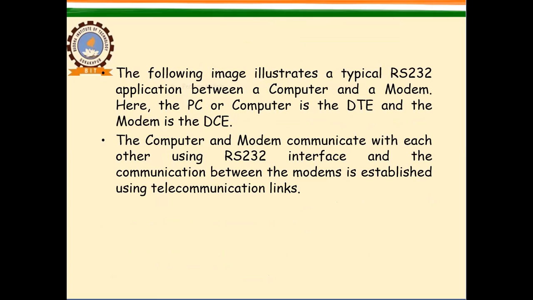In the next slide, we will see a typical diagram showing how a computer and modem are connected. Here the computer is nothing but a PC, which is a DTE device, and the modem is the DCE device. This image illustrates how they are connected and how the data transmission is performed.